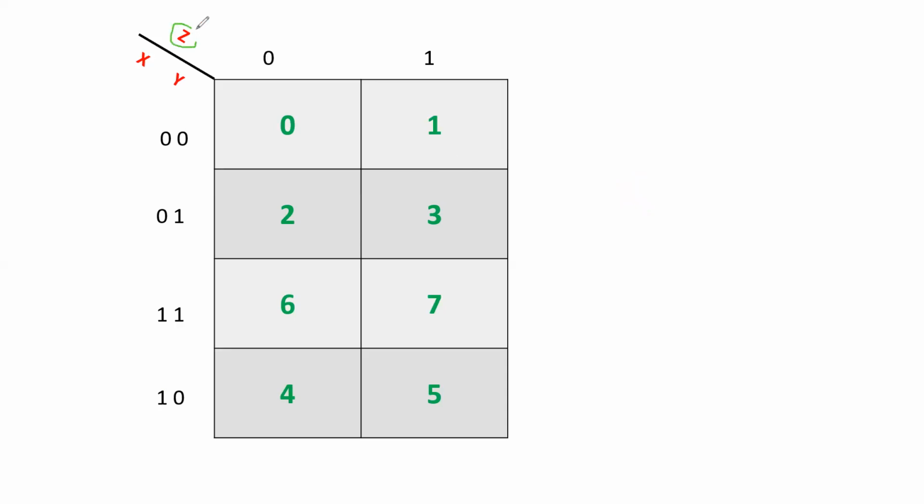So here in this case, I'm considering that X represents the first selection line, so this is, for example, S0, and Y represents the second selection line, S1, and Z represents the input, that is, what type of input is given to it, that it could be I0, I1, I2, or I3.